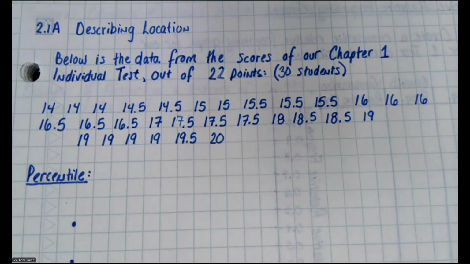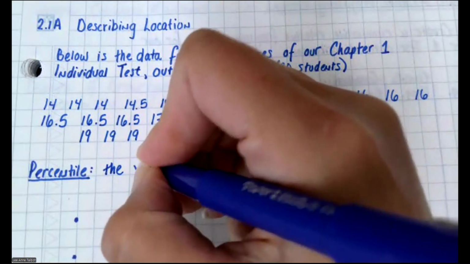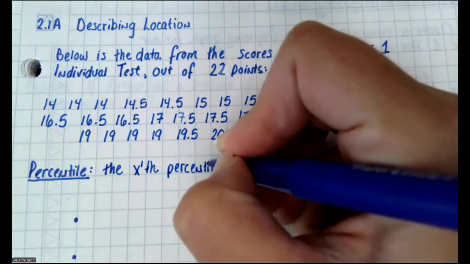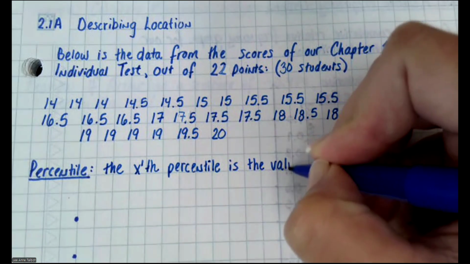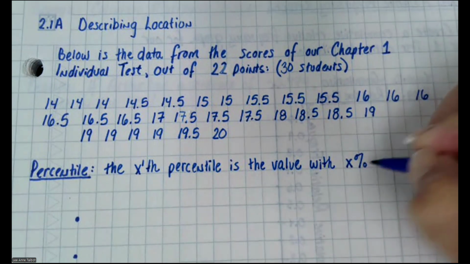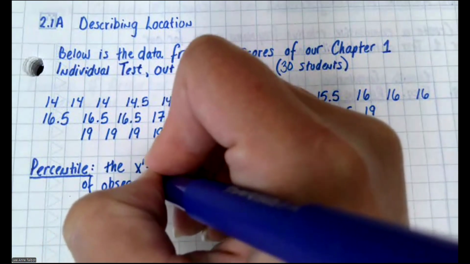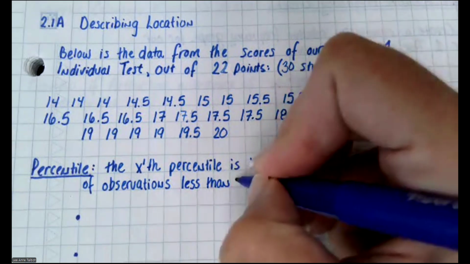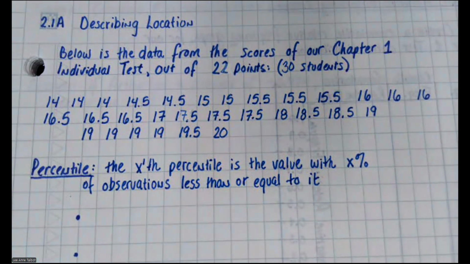This is our new vocab word for today, percentile. The xth percentile is the value with x percent of observations less than or equal to it.